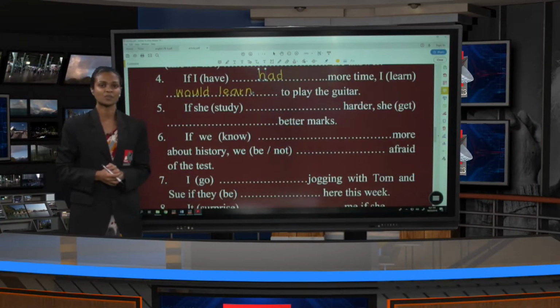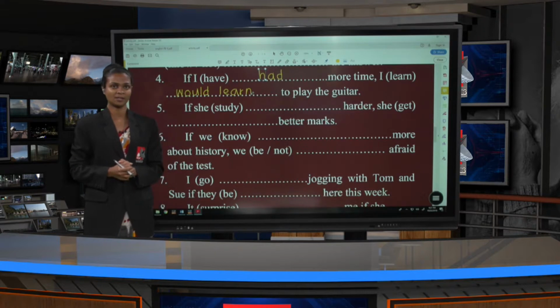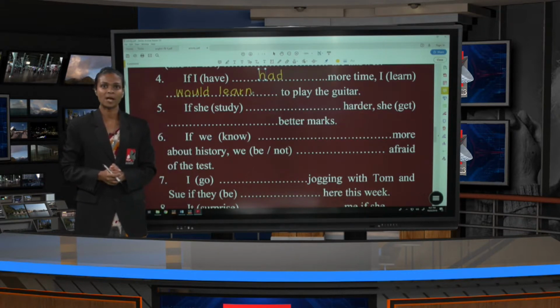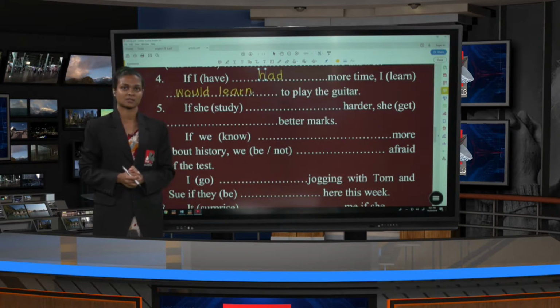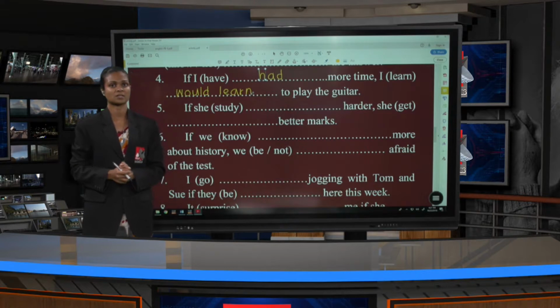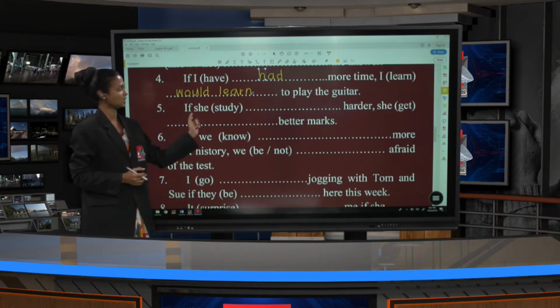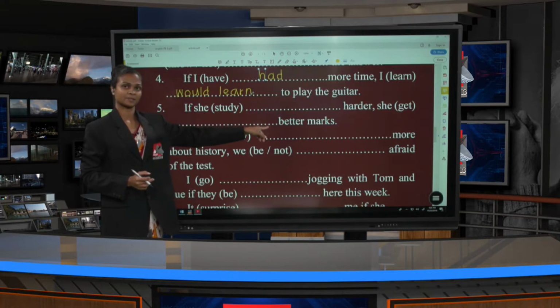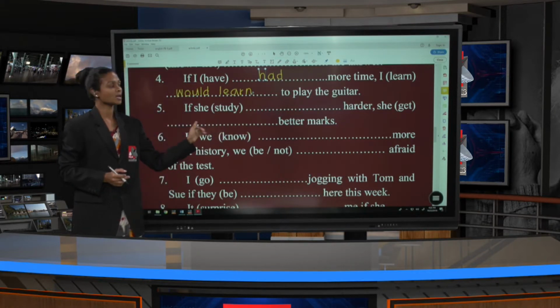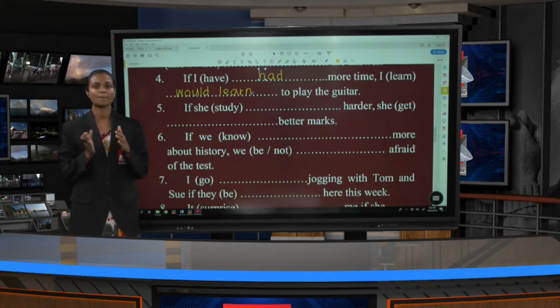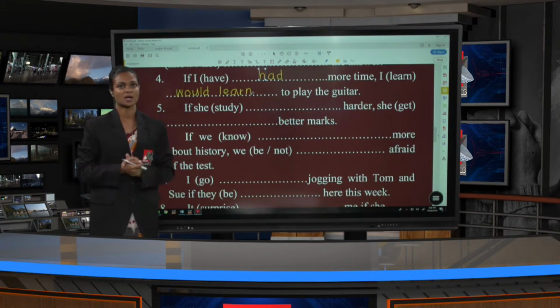Right. Fifth one. If she blank harder, she blank better marks. Verbs are given study and get. What is the answer? If she blank harder, that is the conditional clause, so you have to write it if plus simple past.